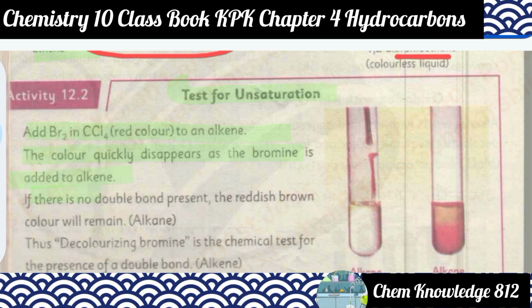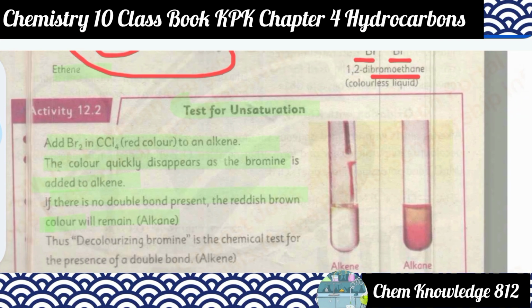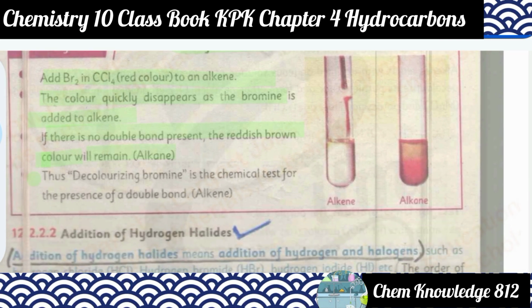If there is no double bond present, the reddish brown color will remain. You can say this will be alkane. The decolorizing of bromine is the chemical test for the presence of double bond in alkenes.